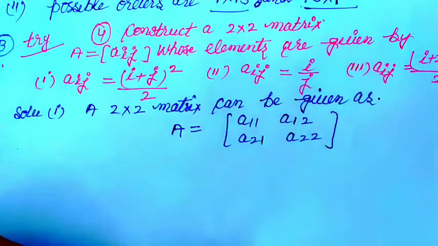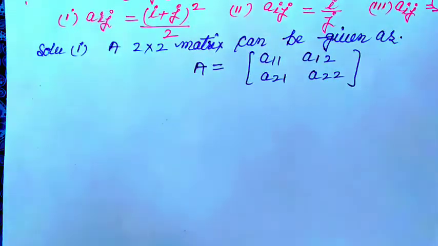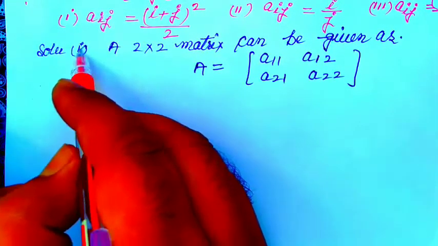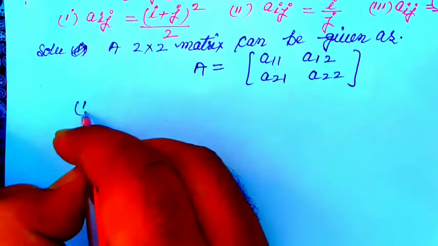These are the 2 by 2 matrix. So the first part we can do here.